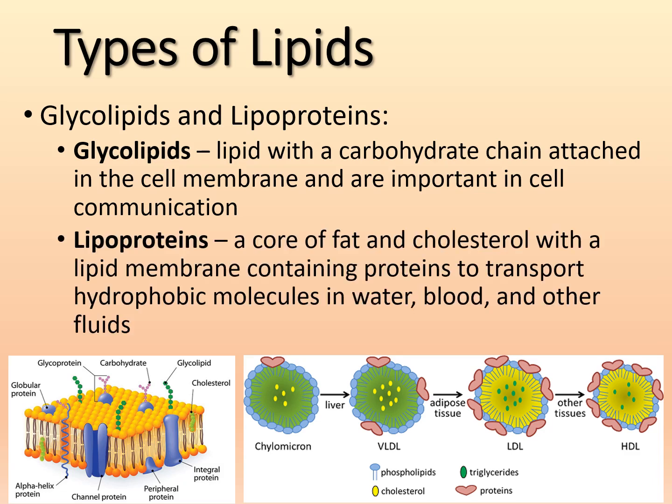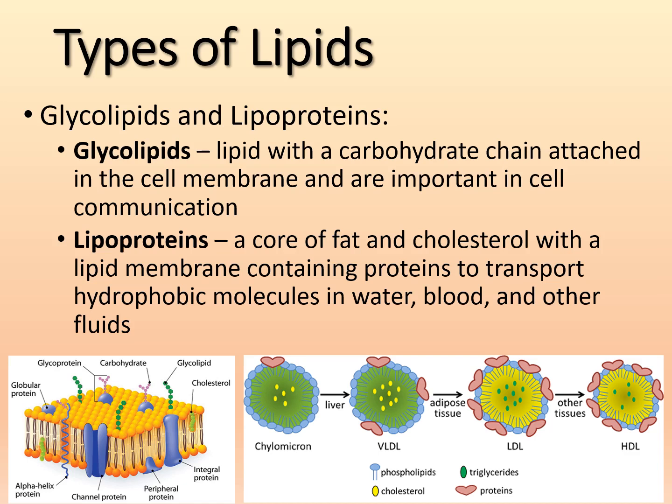Now we also have lipoproteins. Okay, so those lipoproteins are very similar to liposomes, very similar, right? You have this outer phospholipid layer, and you actually have a core of fat and cholesterol. Now, the fat and cholesterol in there doesn't like water, right?